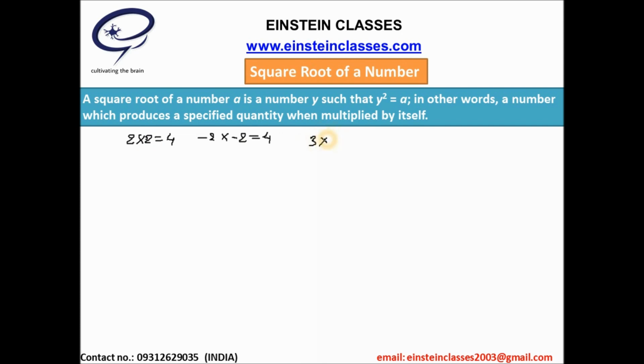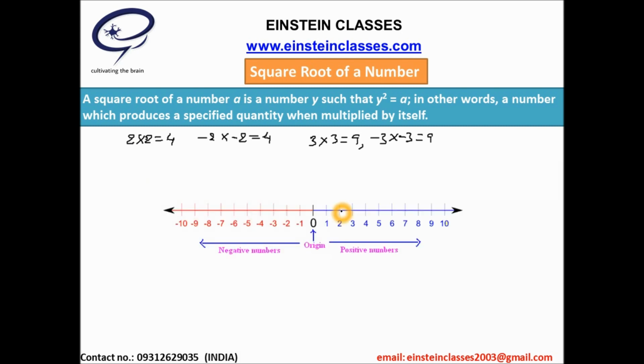3 into 3 gives 9, and minus 3 into minus 3 gives 9, right? That means 9 has two square roots, one is 3 and the other is minus 3. The positive value of the square root is known as the principal value of the square root. Now I am going to represent the square root of these numbers on a number line.